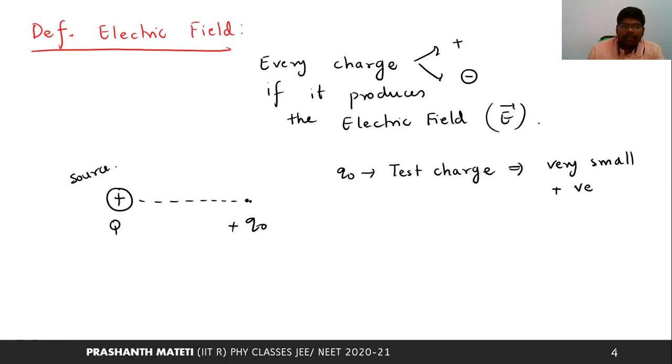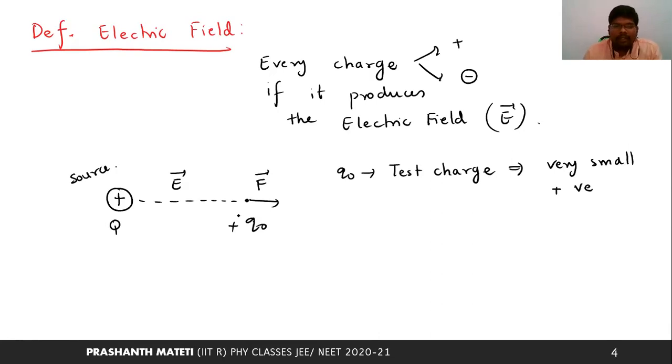Now what is going to happen? The effect of this electric field is the force on the test charge. It is going to experience a force, and this force is because of the electric field. The more the electric field, the more the force. That's the effect we are describing due to the electric field. How do we measure this?